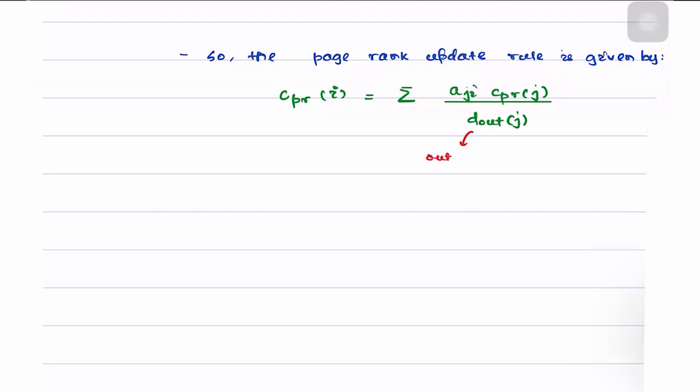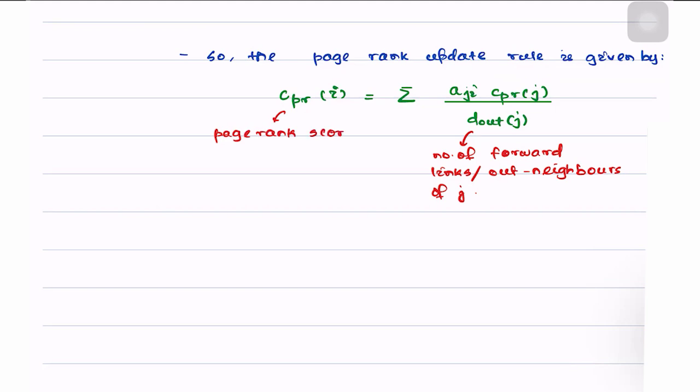Here, let's write it this way, d_out of j is the number of forward links or out neighbors of j, and CPR_i is the PageRank score of the page or node i.